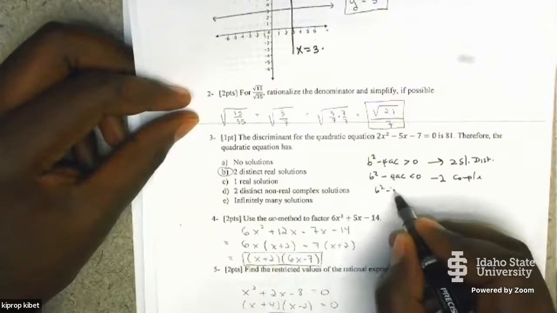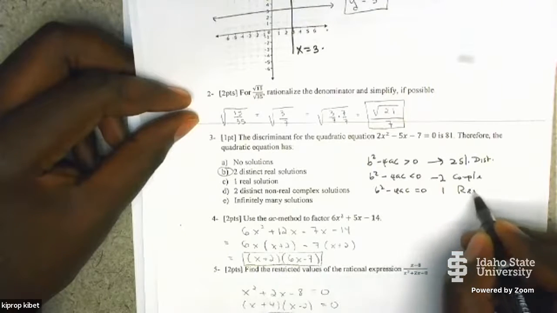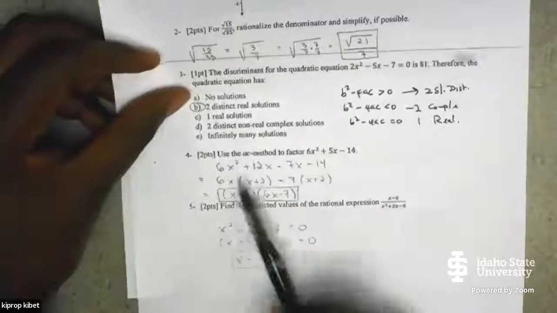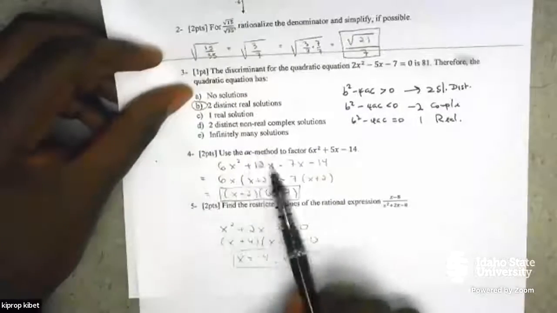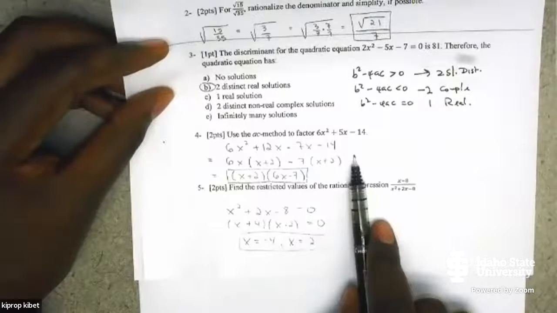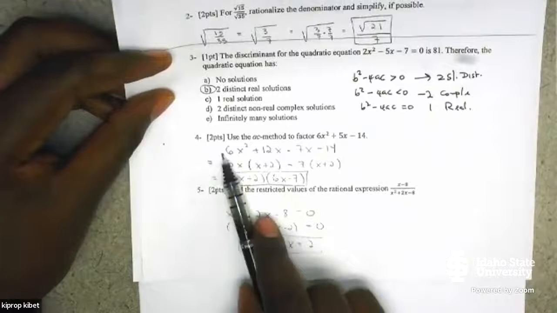If b squared minus 4ac equals 0, one solution, and it's what? One solution. Use it. You see this one is very specific, right? Use the AC method. Very specific.